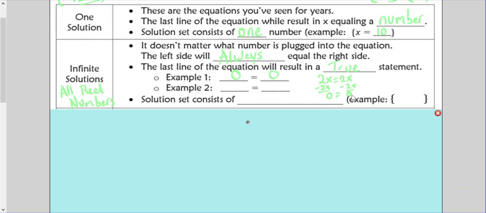You might also not get down to this step. Let's say I had a plus 10 here and a plus 10 here. You could actually stop at this point where you get 10 equals 10. That is also a good example where the variables cancel out and you get the same constant on both sides and a true statement. The solution set consists of all real numbers.